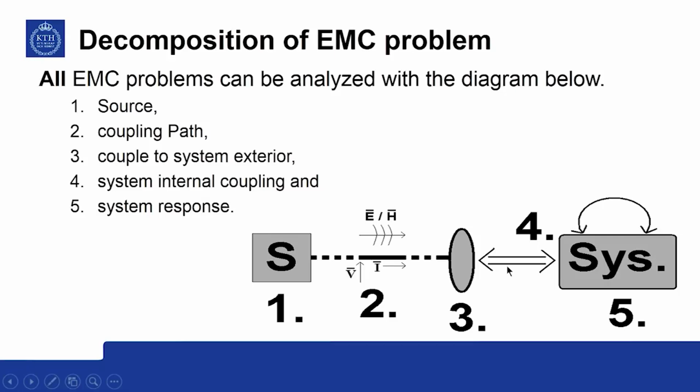So, system internal coupling, then the system will respond. It is the system response that will manifest as interference. So, that also we have to see. If we are able to decompose the problem like that, we know how to solve the problems also.